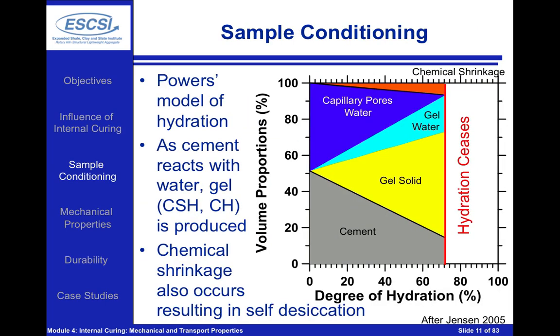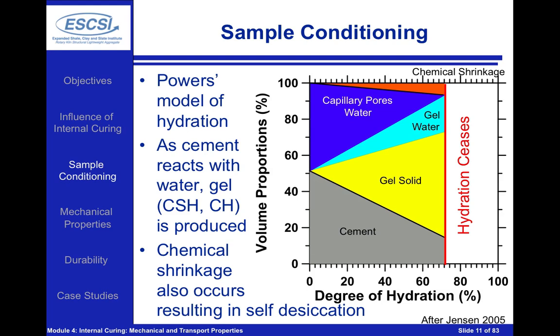So to get into this a little bit more, in some of the earlier modules we've talked about the role of Powers' model, and what happens when the cement begins to hydrate. What we can see here is Powers' model again illustrated, where the x-axis is the degree of hydration and the y-axis is the volume proportions inside of the paste.